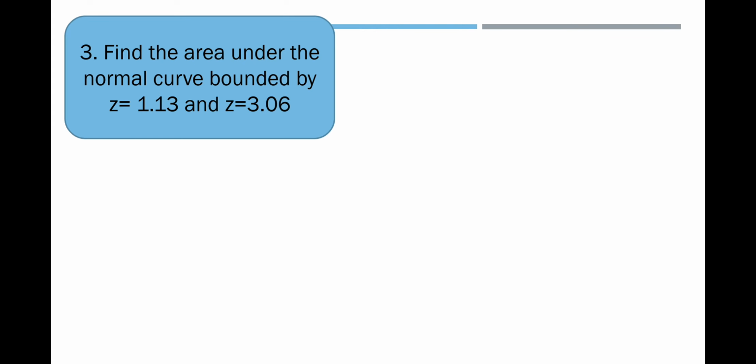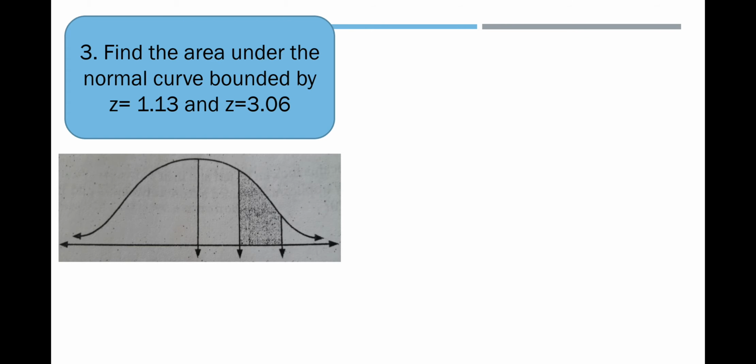Find the area under the normal curve bounded by z equal to 1.13 and z equal to 3.06. So we have here the graph of a normal curve. From 0, we have 1.13 and 3.06.